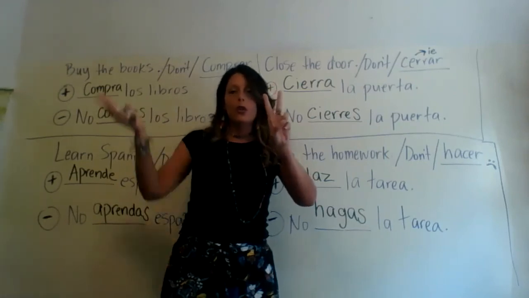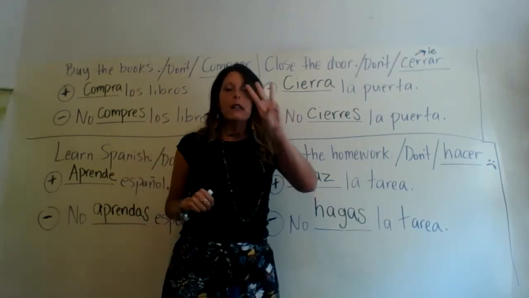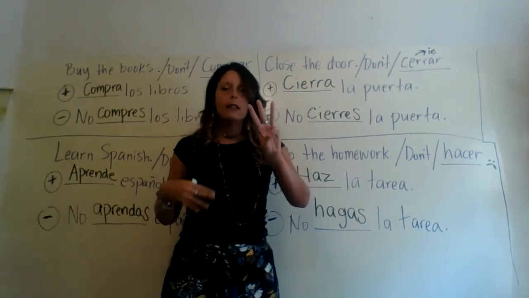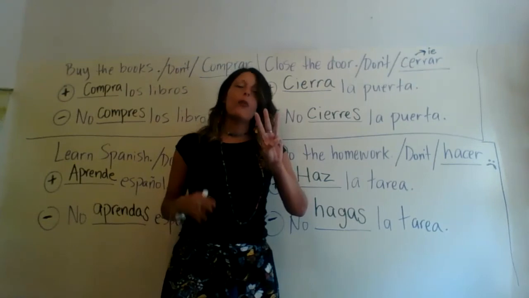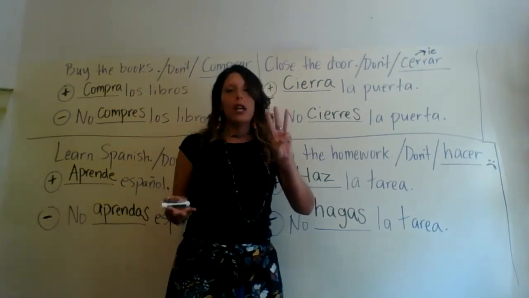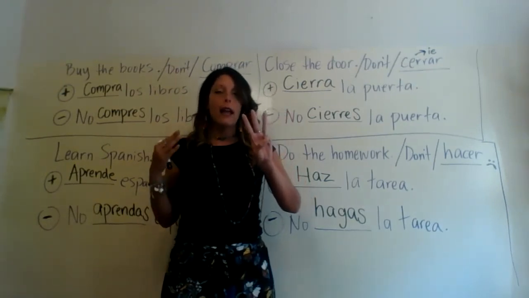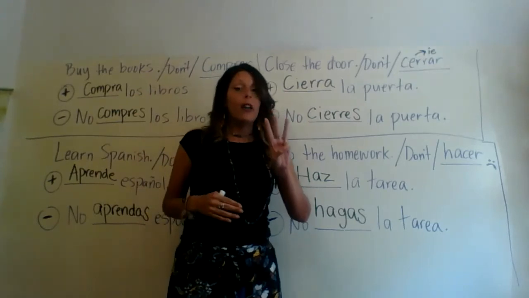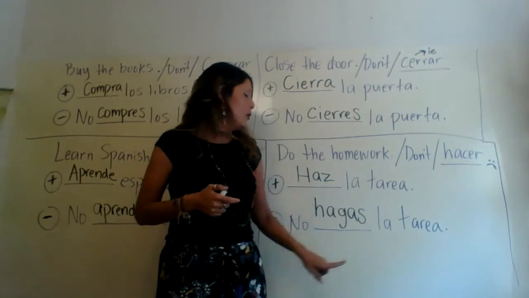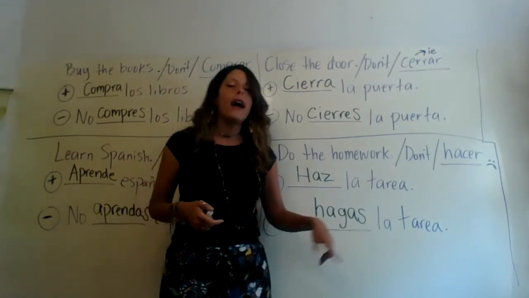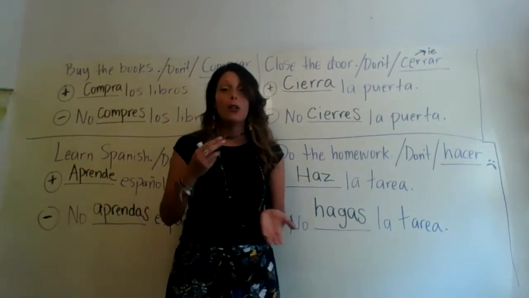Step number 2, we drop the O, we get H-A-G. Step number 3, we add opposite endings. Since hacer is an ER verb, the opposite ending would be an A. We end up with H-A-G-A, which technically is a formal usted command, but in order to make our negative informal tú command, we had to add an S to the end of that, and that's how we end up with no hagas.